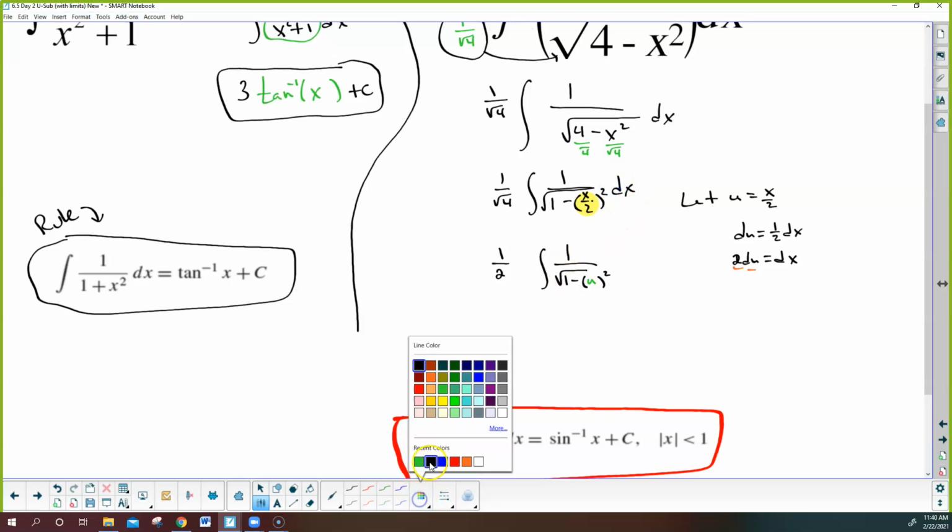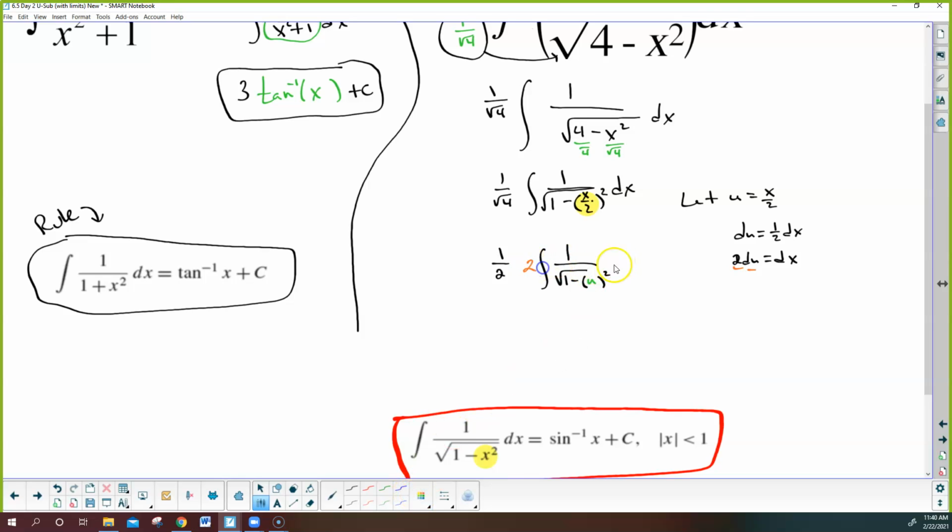There's my dx. And then the 2u is going to come out in front. So the 2 and the 1, that's going to just reduce out. And this whole piece is going to be the inverse of sine of u plus c.